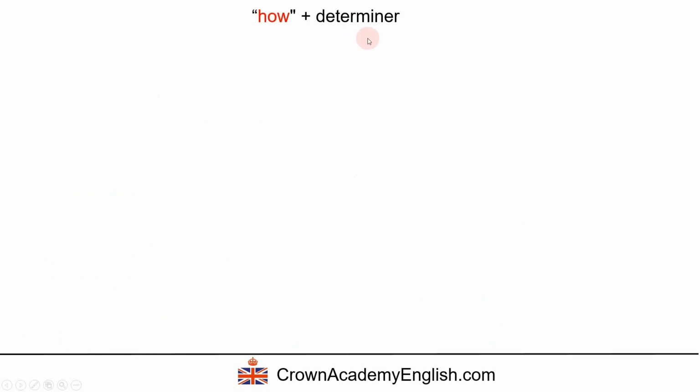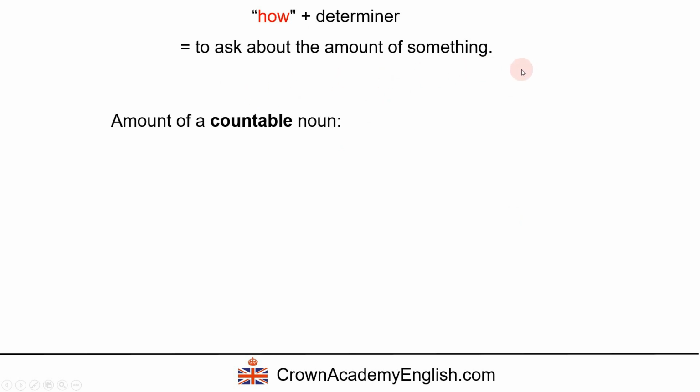How followed by a determiner. And in this particular use, we do it to ask about the amount of something or the quantity of something. When we're asking about the amount of a countable noun, we ask how many.